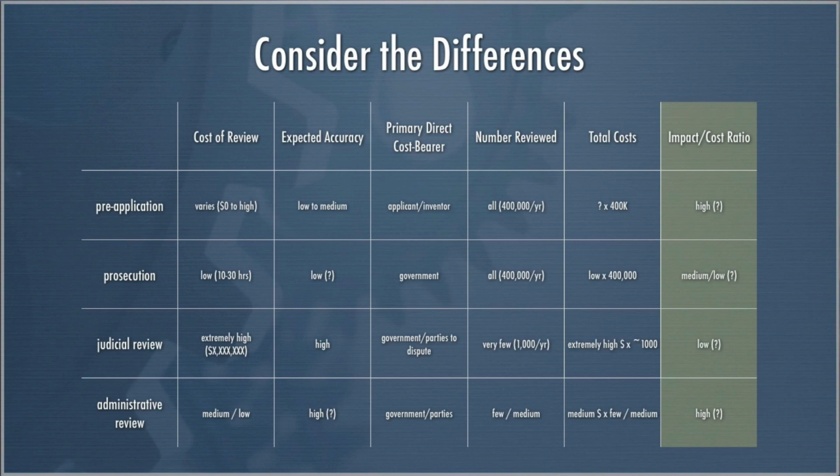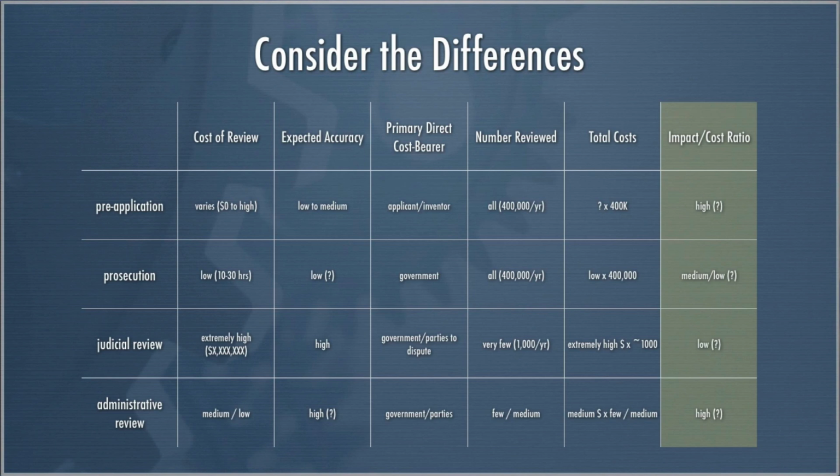I think prosecution is a medium to low impact cost ratio. Again, it's relatively high impact in the sense that every single patent is prosecuted. Unfortunately, because every single patent is prosecuted in the same way using the standard procedures, it is difficult for the PTO to vary the amount of resources spent for more important patents.